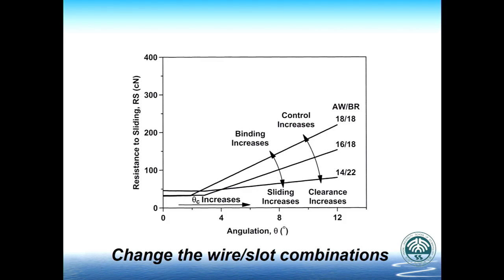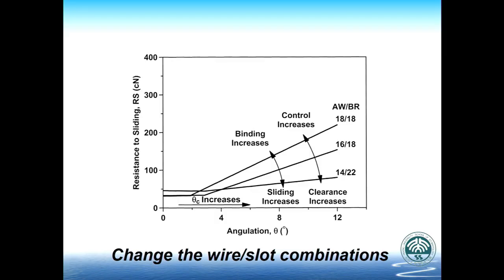And this is the size of the archwire. That's a 19 archwire in an 18 bracket, an 18 bracket with a different archwire, and a 22 bracket with a smaller archwire. So with different combinations, you get different clearance.